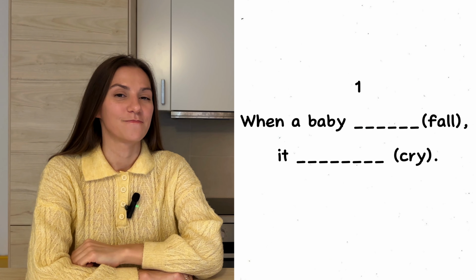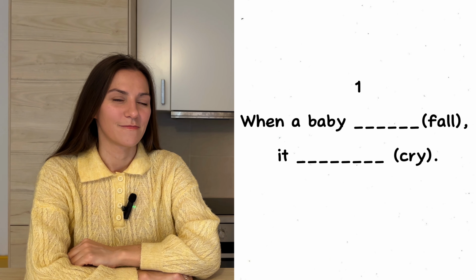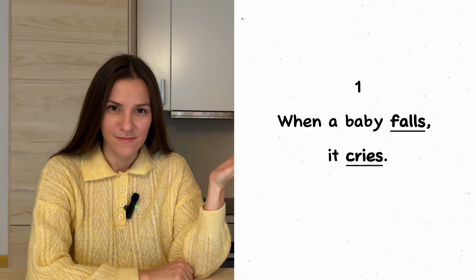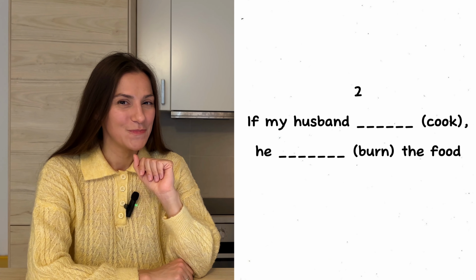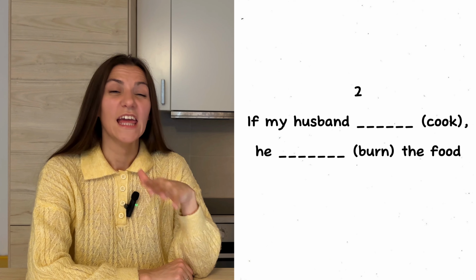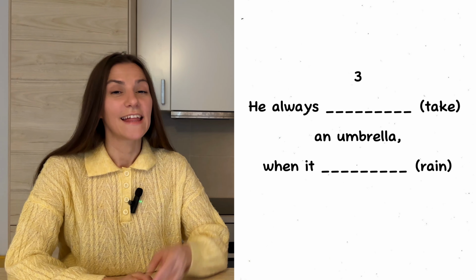Now let's practice. Your task is to read the sentence and open the brackets in the correct form. The first one. When a baby falls, it cries. Number 2. If my husband cooks, he burns the food. Number 3.